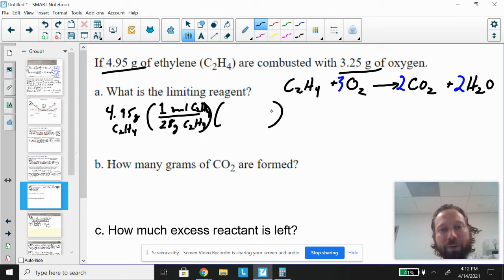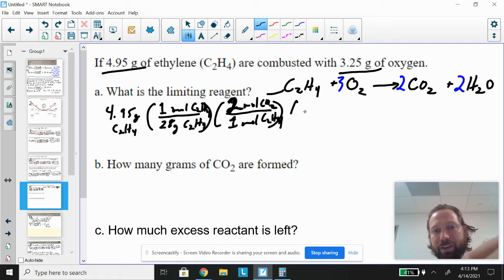Now, the moles of the given, C2H4, is just 1 mole in the chemical reaction. And what we want to find is how many moles, ultimately how many grams, of CO2. CO2 has a 2 coefficient in front, so that's 2 moles of CO2.